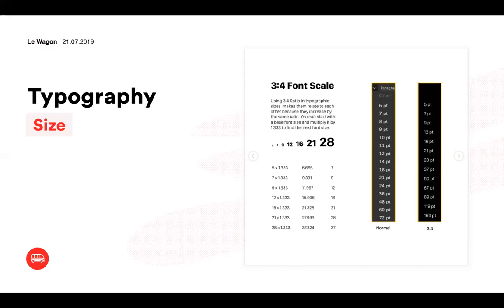So if your base font size is 16 pixels or points, and you want a heading that's bigger than your P, you can go to 21 points. And then if you want a bigger font style, you can jump to 28 points, and then 37, and so on. It doesn't mean that you only have to jump to the next. You can actually skip one.